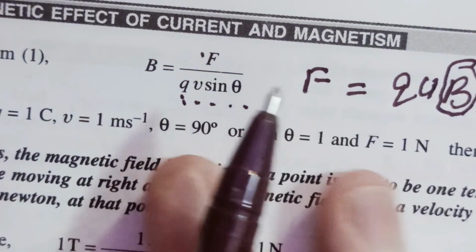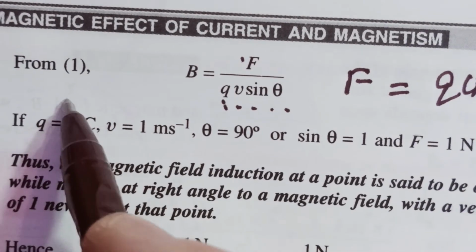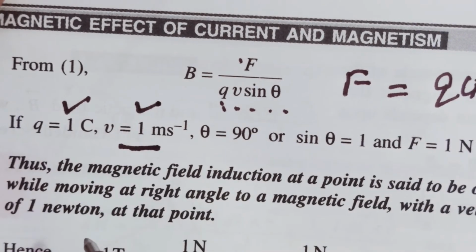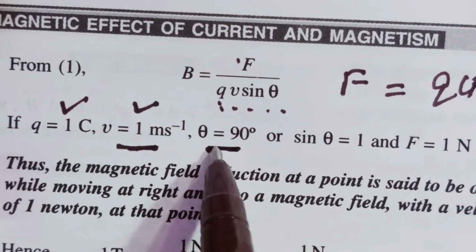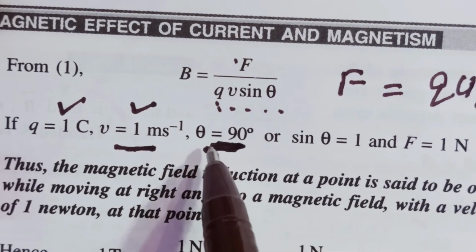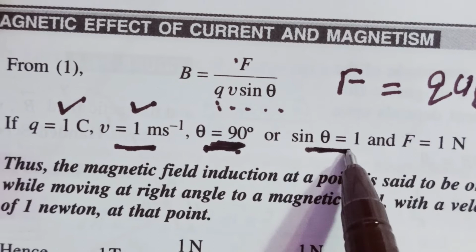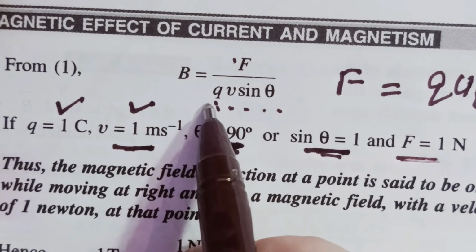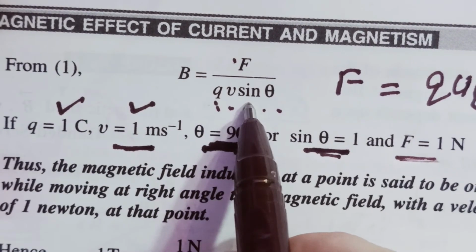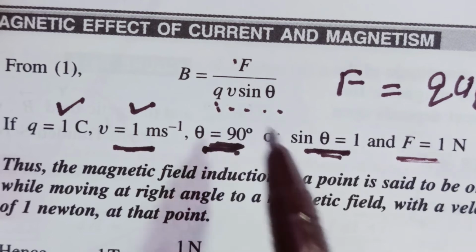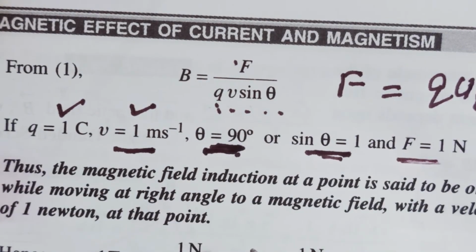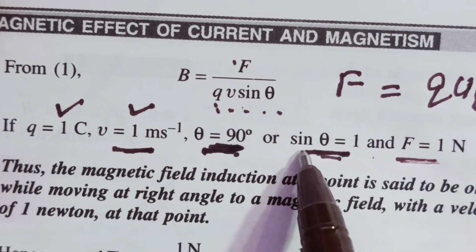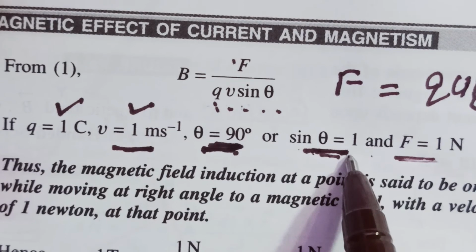Now let our charged particle be 1 coulomb, moving with 1 meter per second velocity and at right angle to the magnetic field, theta 90, sine 90 is 1. Then how much will the force become? Because this is 1, this is 1, this is 1, and sine theta equals 1.